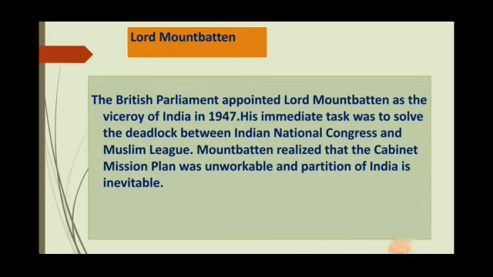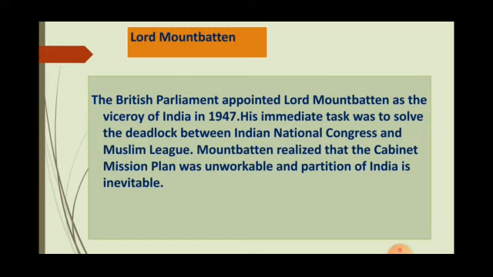The British Parliament appointed Lord Mountbatten as the Viceroy of India in 1947. The immediate task of Lord Mountbatten was to solve the deadlock between Indian National Congress and Muslim League.